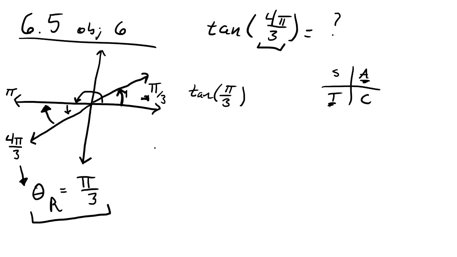So now we have tangent of pi over 3. And as always, guys, tangent is y over x, opposite over adjacent. What are these values? So what it would look like is something like this.